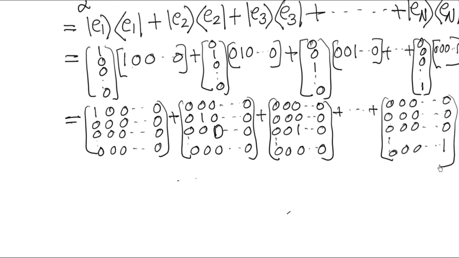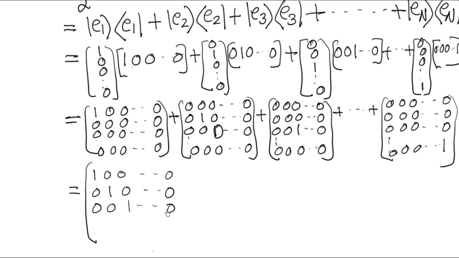Okay, all these are n by n matrices, and now if we add them, we get the identity matrix, or sometimes we call it a unit matrix, and this is the right hand side of the completeness relation.